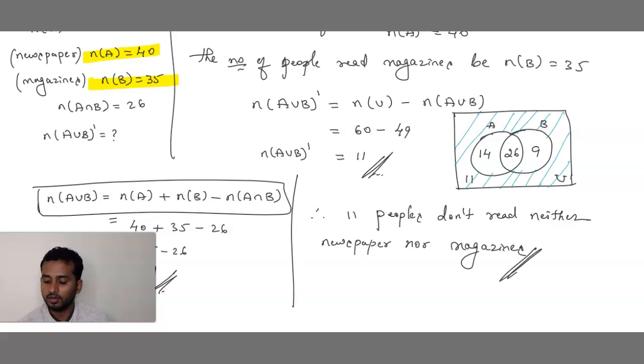So this is the way we need to write the answer. I hope you have understood how to solve this problem.